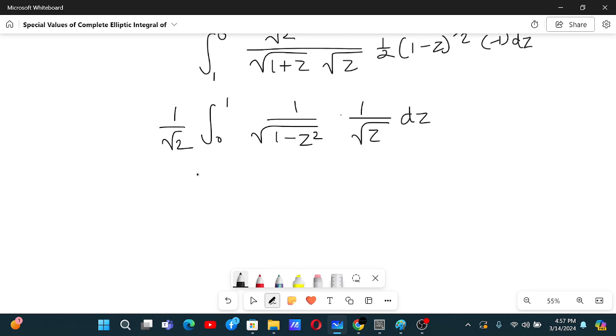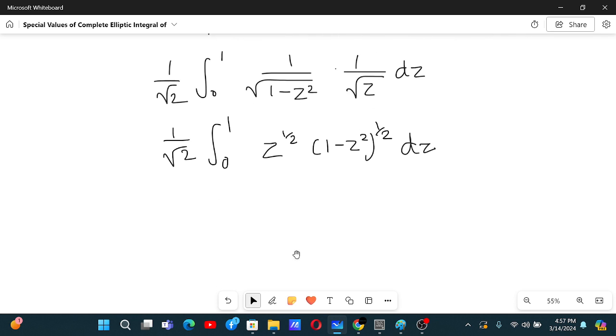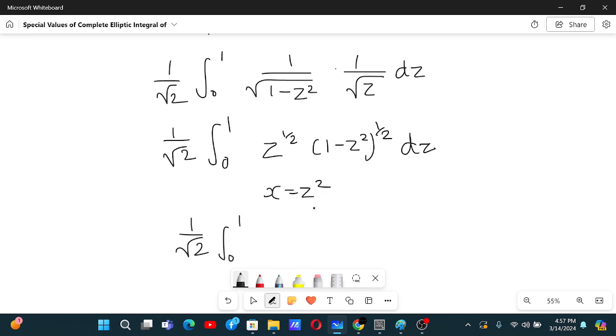Now what's next? 1 by root 2 integral from 0 to 1. This is actually g to the power minus 1 by 2, 1 minus g square to the power minus 1 by 2 dg. It's in the form of beta function, but first let us change this g square to, let's say, x equals g square.